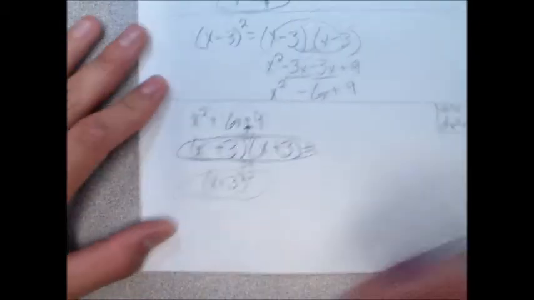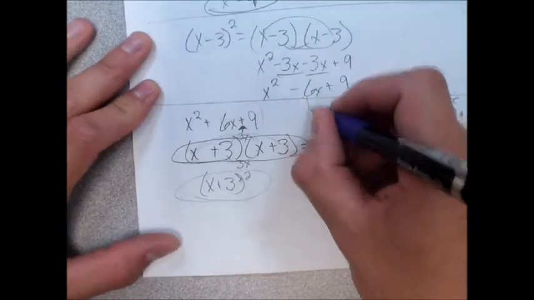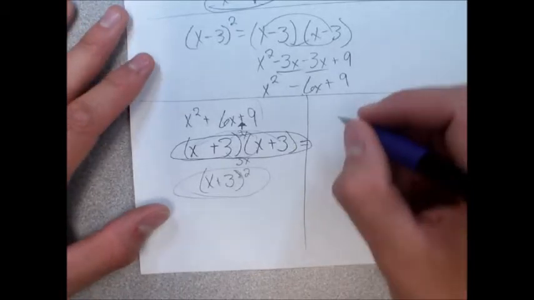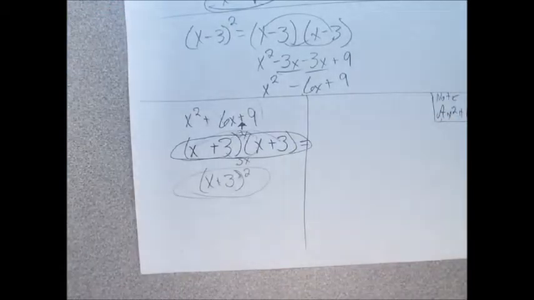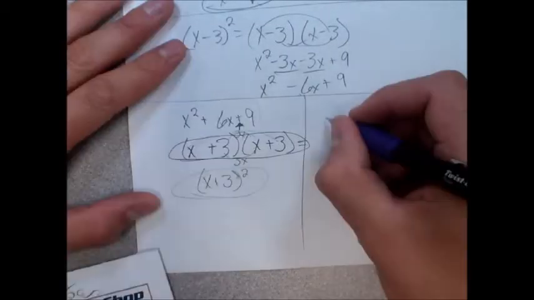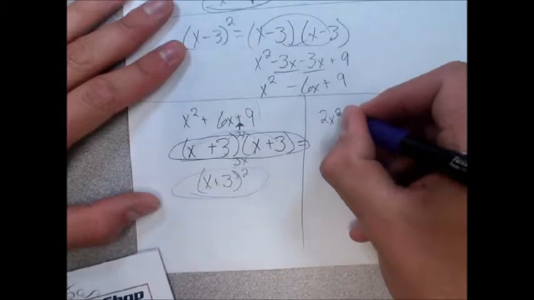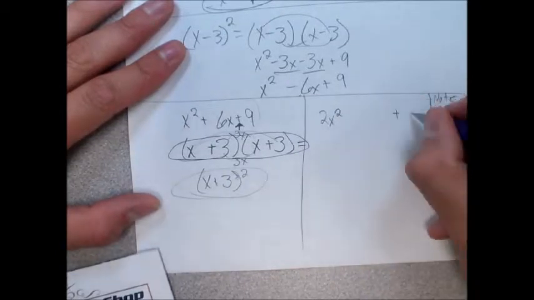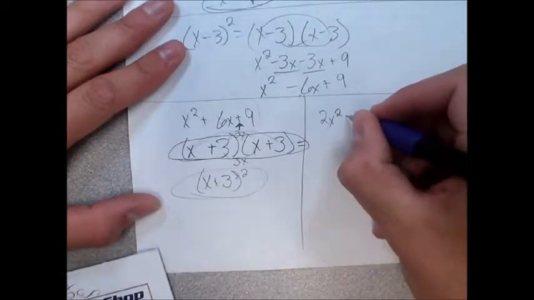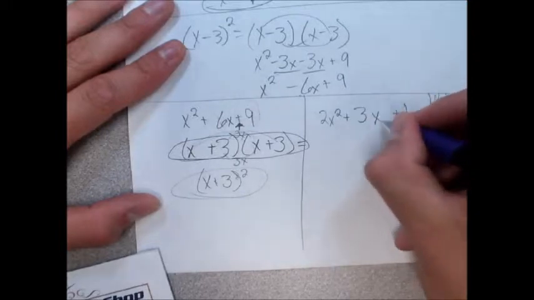All right. Now, if I do one more example here, let me do a little quick note. So I have 2x squared up front. I have 1 in the back, and I will have 3x in the middle.